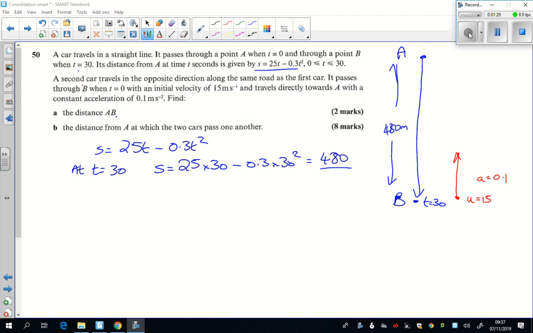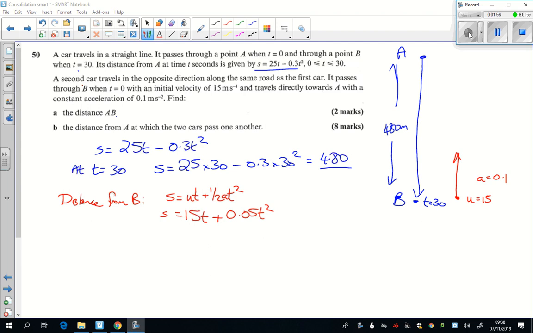Now I can figure out the distance it travels from B. The distance from B is a standard SUVAT equation. S equals ut plus a half at squared. So the distance is 15 times t plus a half, so half of 0.1 is 0.05 t squared. And that is the distance that it's travelled from B.